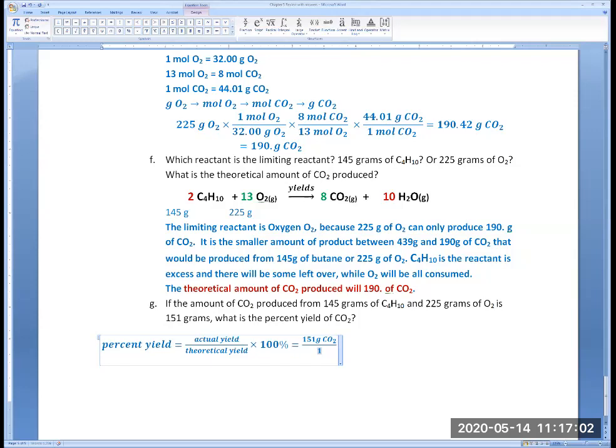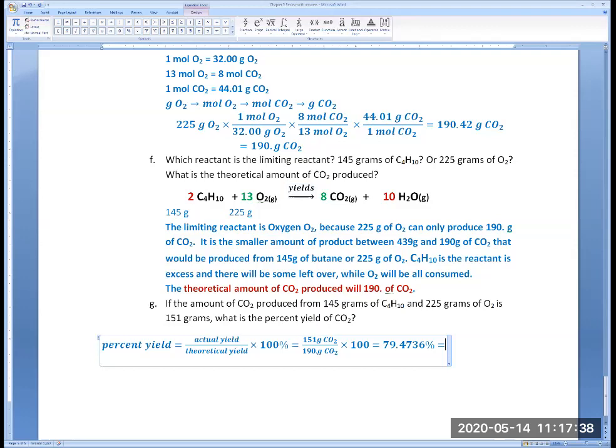And it's 190 on the bottom for the theoretical yield, CO2, times 100 equals. So you do on the calculator 151 divided by 190 times 100. And it's 79.4736. I'm giving more than needed because that's the calculator answer.